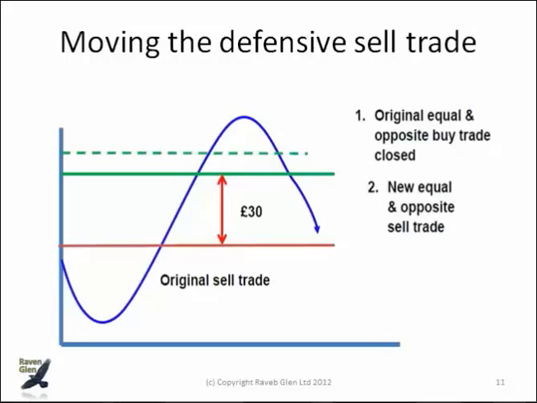The gap between the original trade and the new defensive trade has now been narrowed down to £30 again. Once more we would repeat this process until that £30 had been eliminated, and possibly even until we've got the two trades on opposite sides of one another and we've locked a profit in.